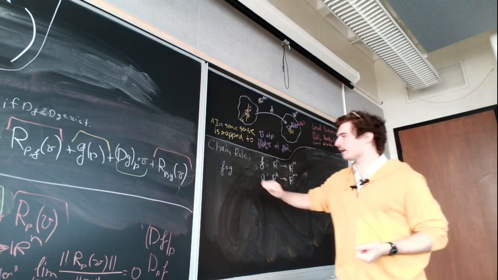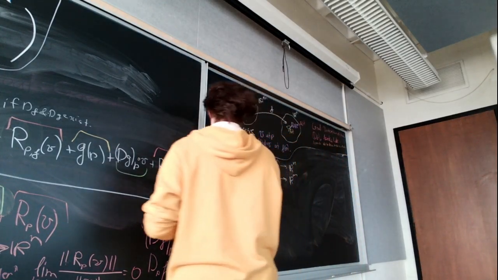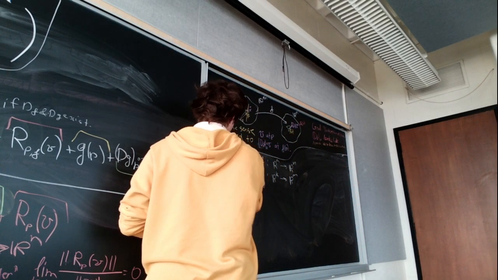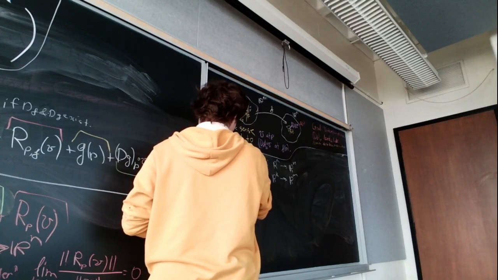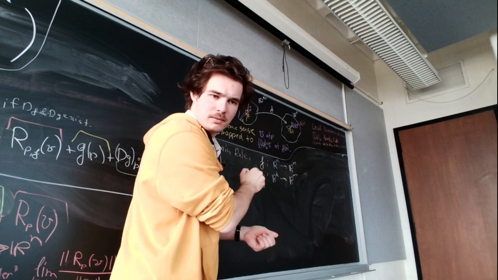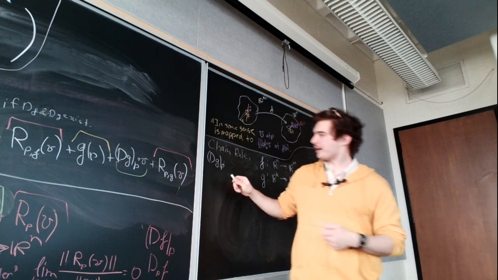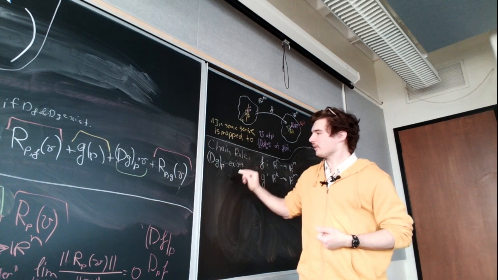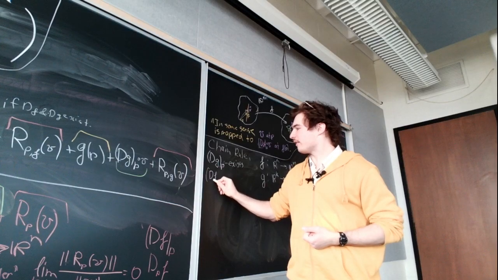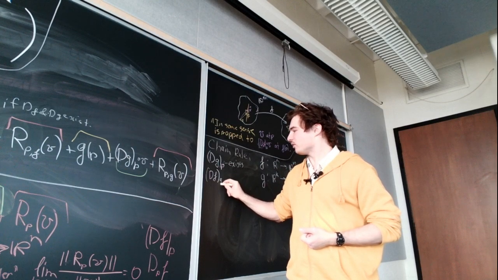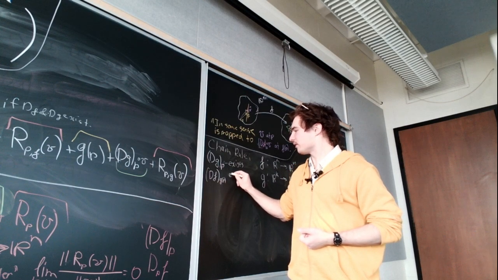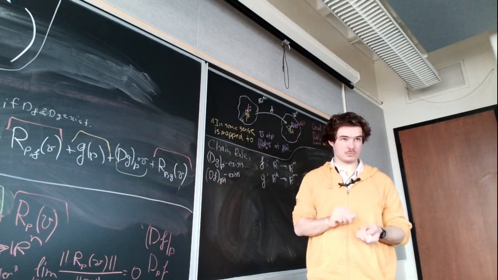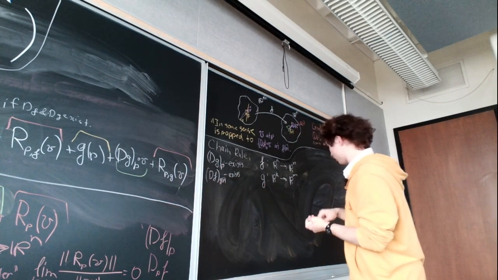And suppose that the derivative of g at point p exists, and that the derivative of f at point g of p exists. Okay, do you agree?